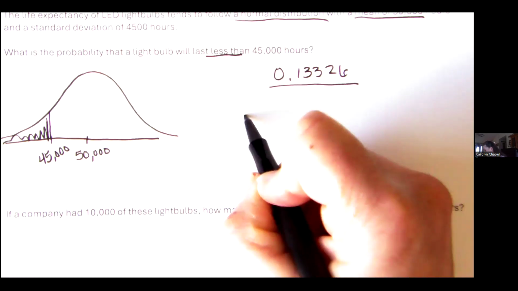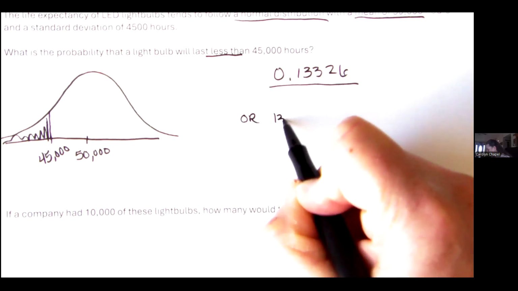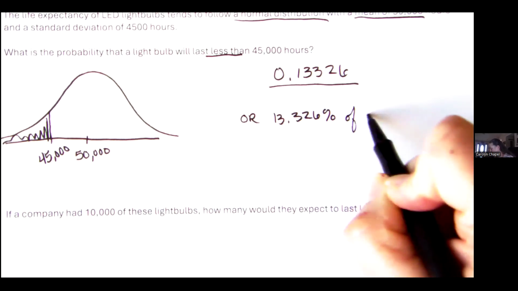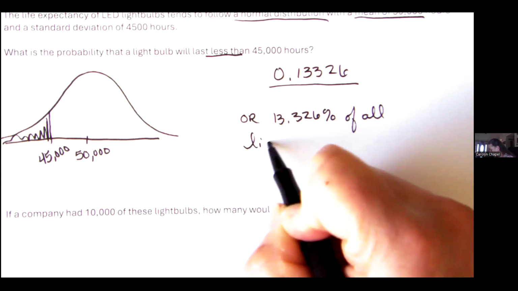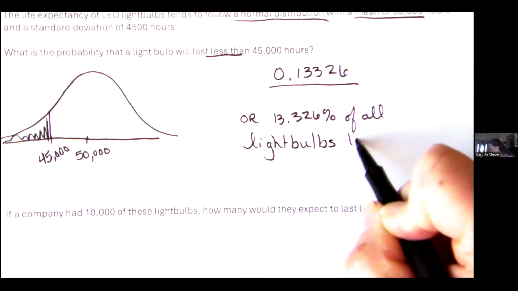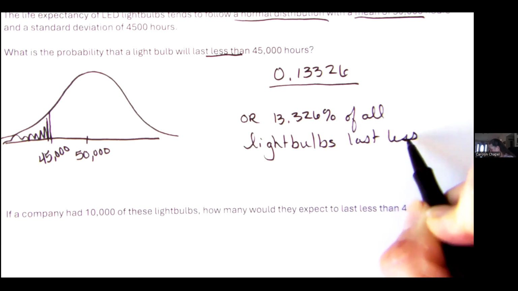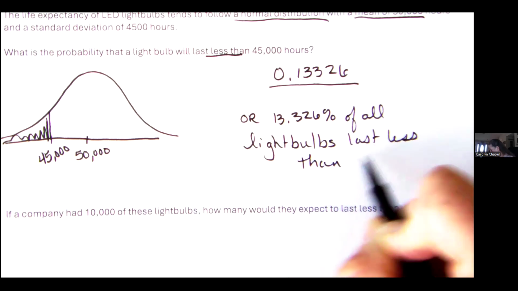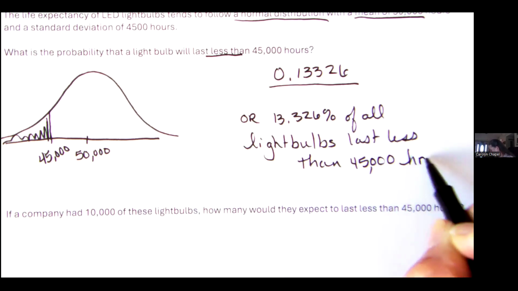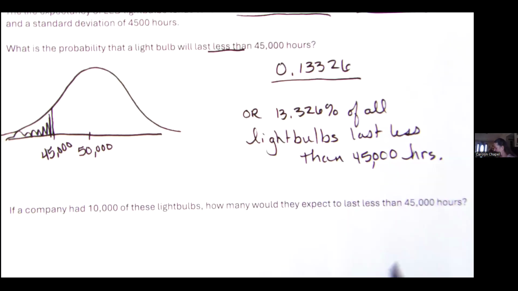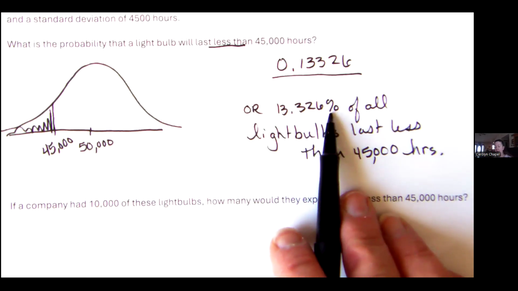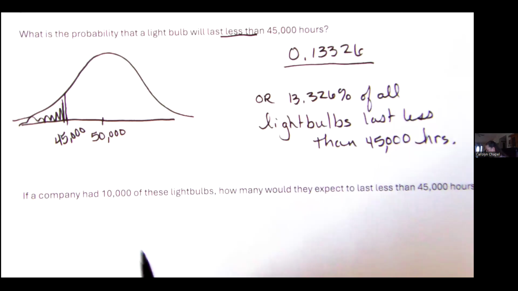Another way to interpret it is that 13.326% of all light bulbs last less than 45,000 hours. So basically, we want to know what is 13.326% of that 10,000.